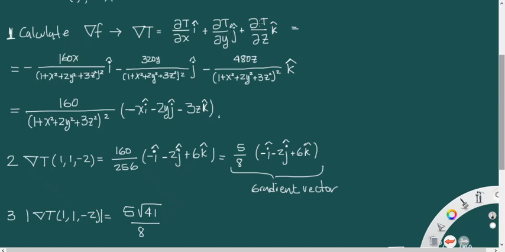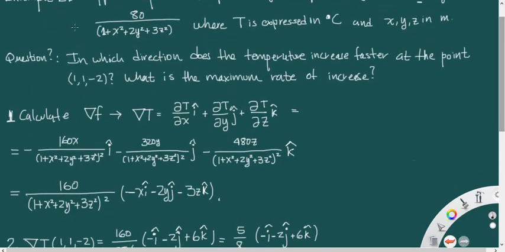And partial derivative of the function with respect to Z times k. Okay. Using this guy over here, we will end up with this partial derivative of the function with respect to x is equal to this, with respect to y is equal to this, and with respect to z is equal to this.